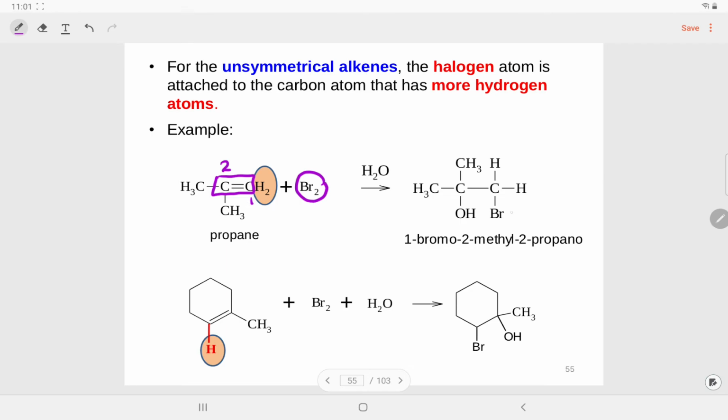So it will follow Markovnikov. So, bromine is added to the carbon double bond that has the higher number of hydrogen atoms, and on the neighboring carbon then we add OH here.